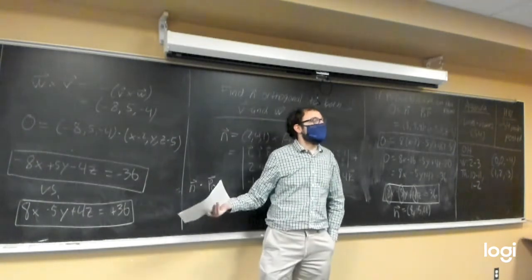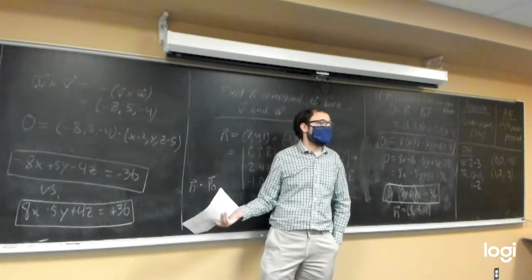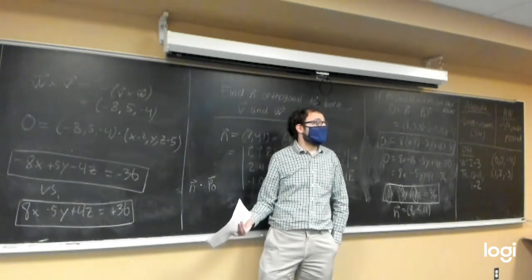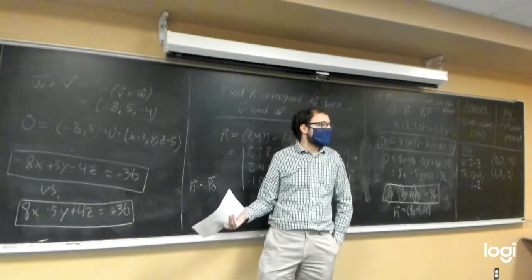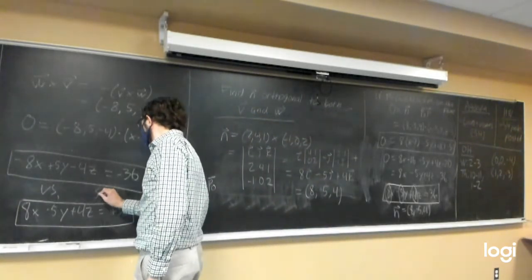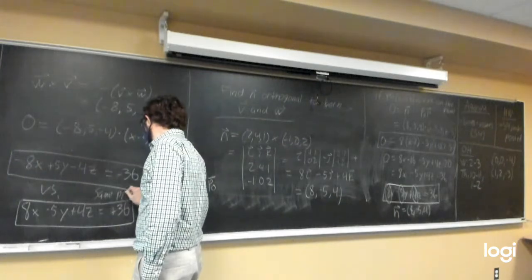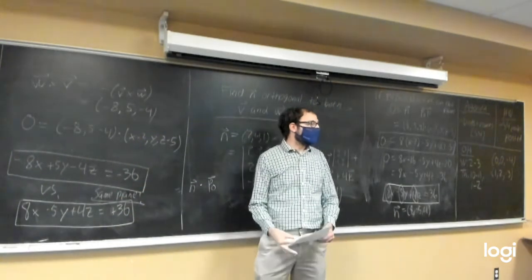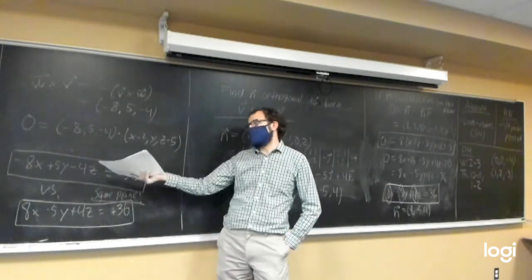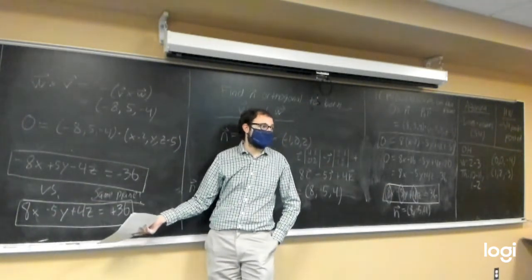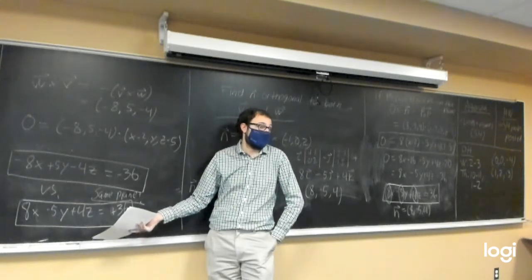Yeah. It turns out that if we had used W cross V instead of V cross W, the final equation we would have gotten would have looked different. But in fact, it's the exact same set of points. The reason being, any x, y, z that satisfies this top equation is automatically going to also satisfy the bottom one, and vice versa.